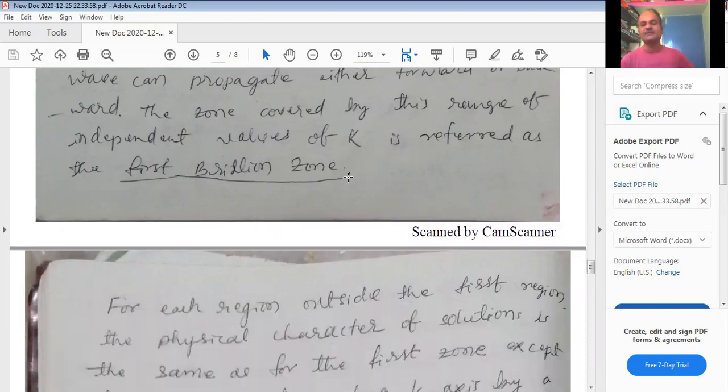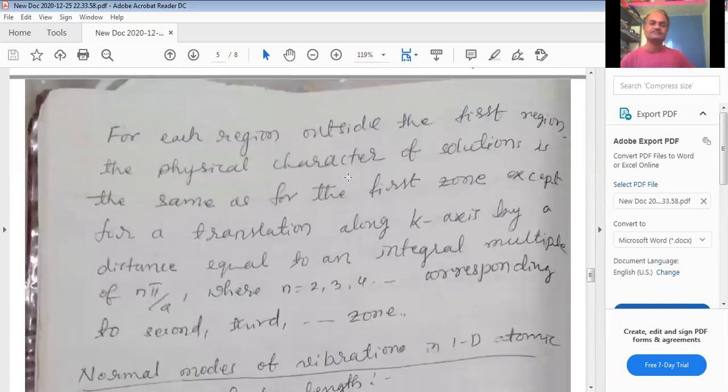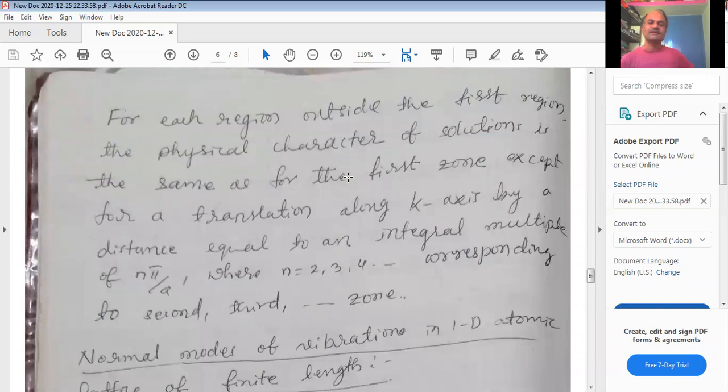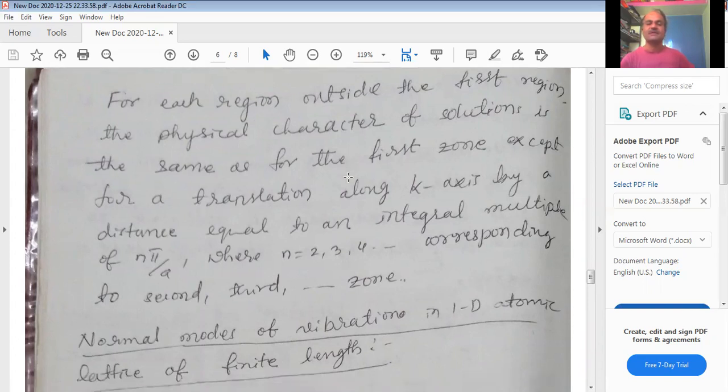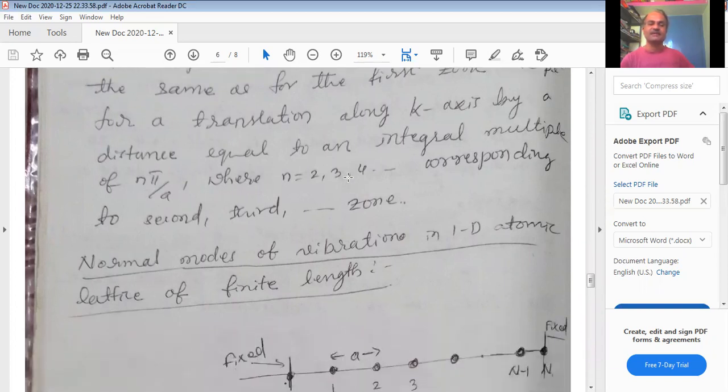Similarly, there will be second, third Brillouin zones like that. So for each region outside the first Brillouin zone, the physical character of solutions is the same as for the first zone, except for a translation along the k axis by a distance equal to an integral multiple of n pi by a, where n is equal to 2, 3, 4 corresponding to second, third, and fourth zone.